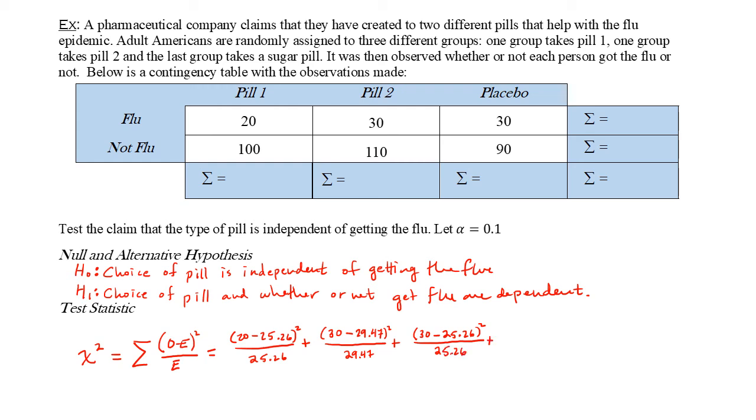And then moving on to the next row for pill 1, we've got 100 that were observed without the flu, and our expected value there, I believe, was 94.73.